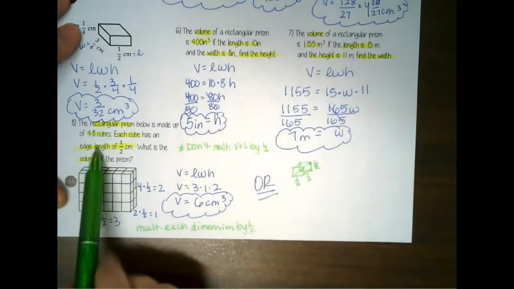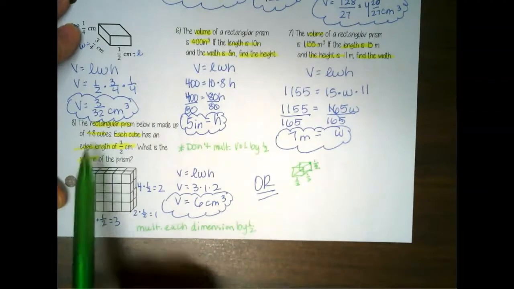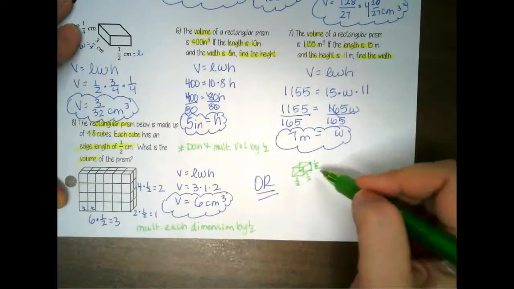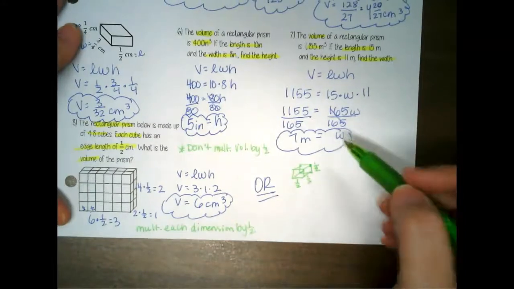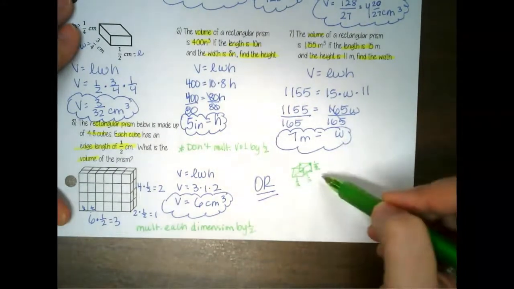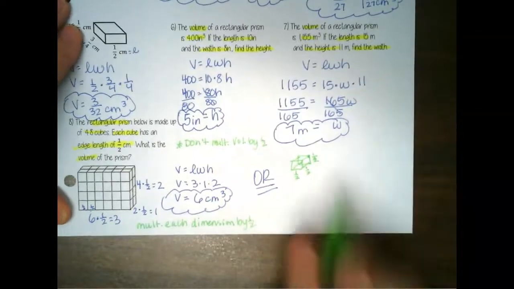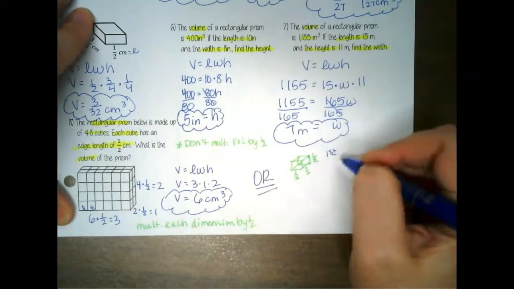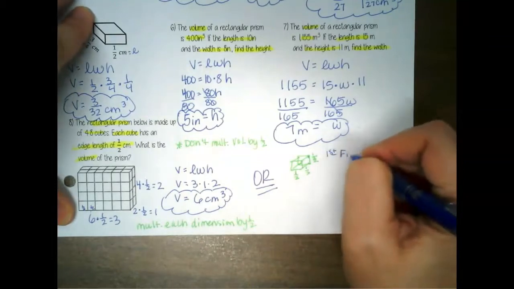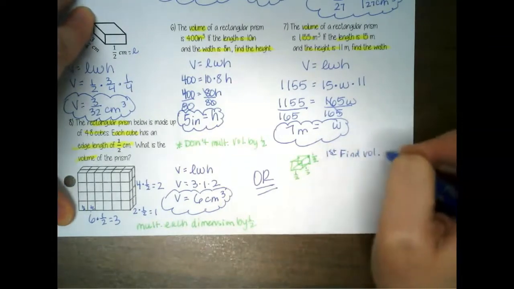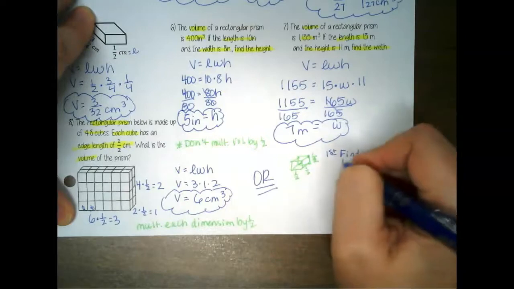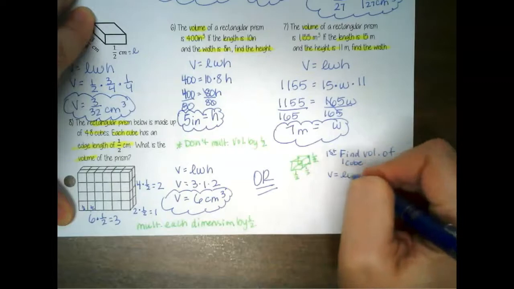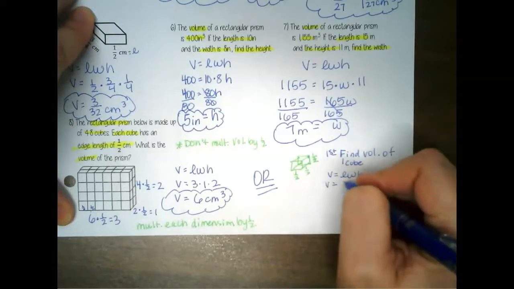If we already have a volume, which is 48, which is 6 times 2 times 4, we can take that and multiply it by the volume of one of them. Okay, so first thing you're going to do is find the volume of one cube. Length times width times height.